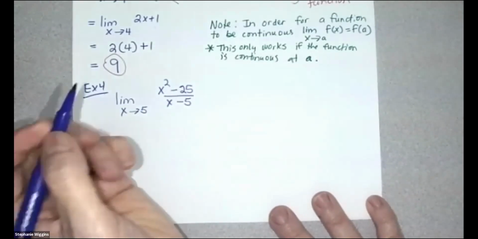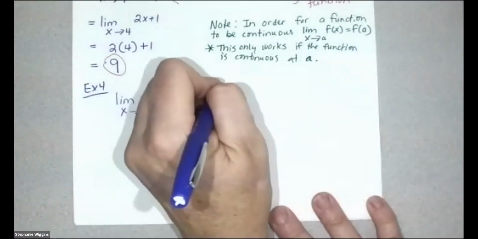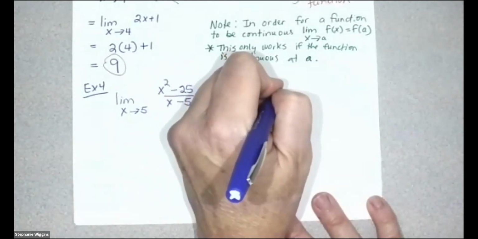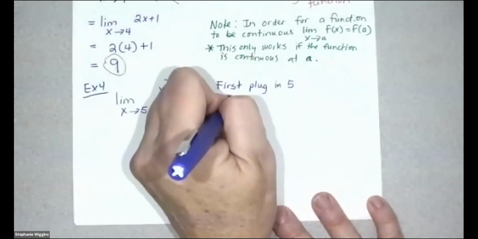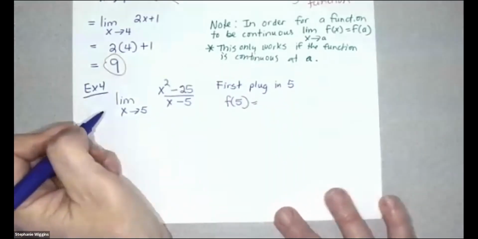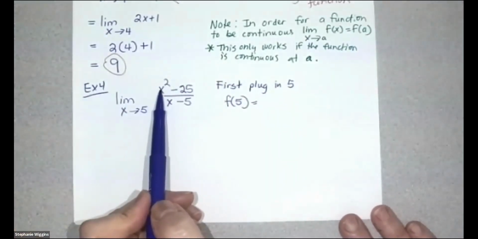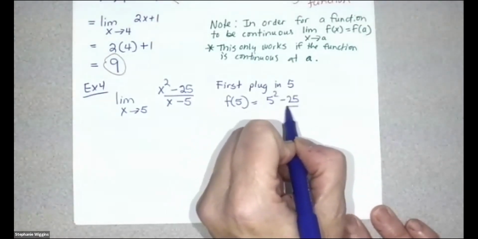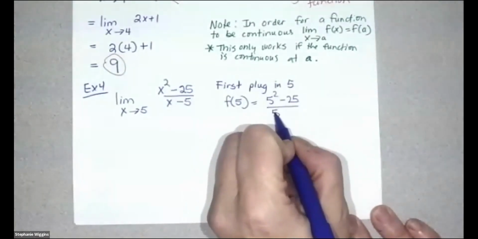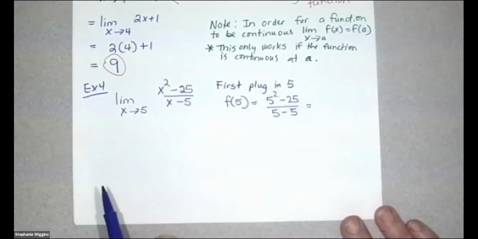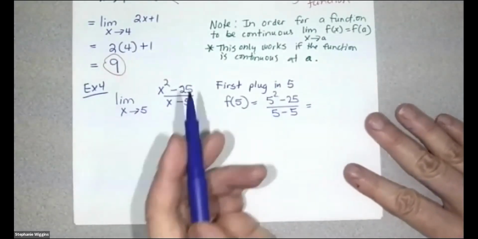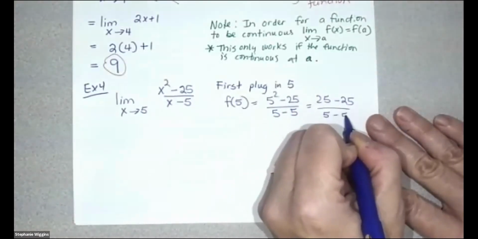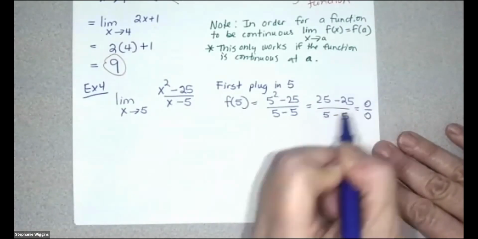And if we try to plug in, we get f of 5 is equal to 5 squared minus 25 divided by 5 minus 5. All right, 5 squared is 25, minus 25 over 5 minus 5. And you'll see I get 0 over 0.